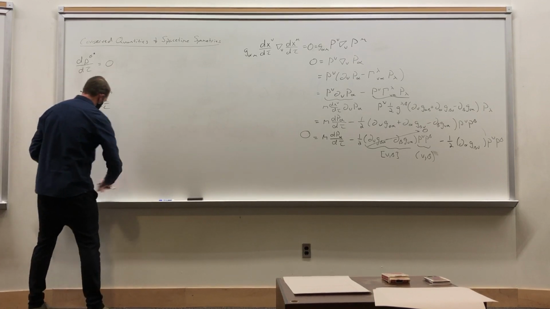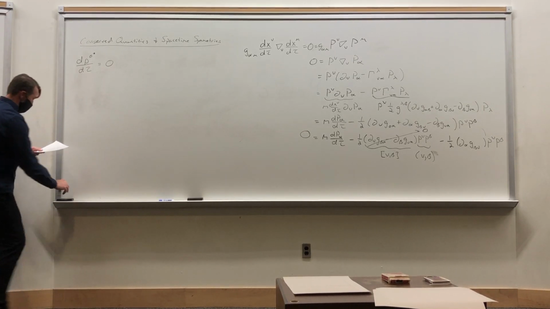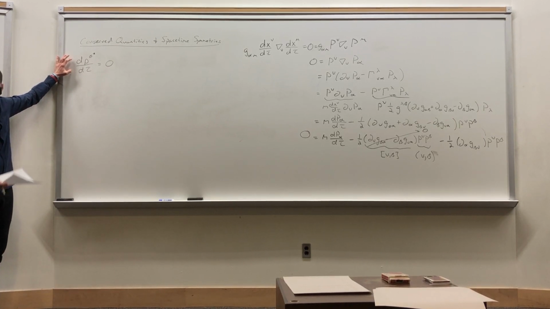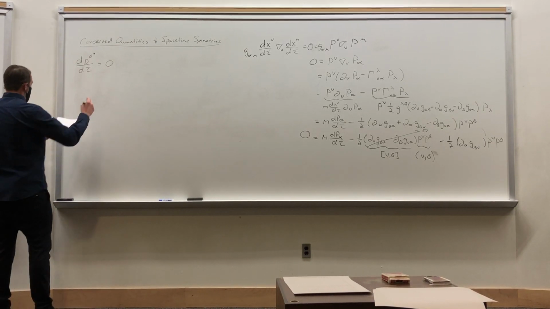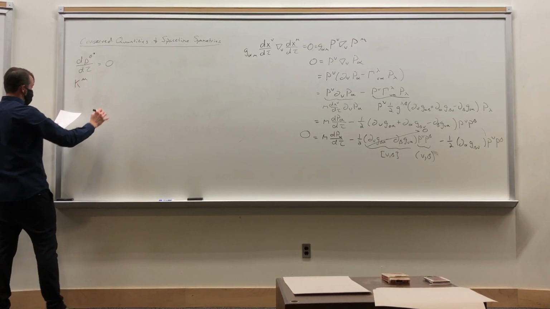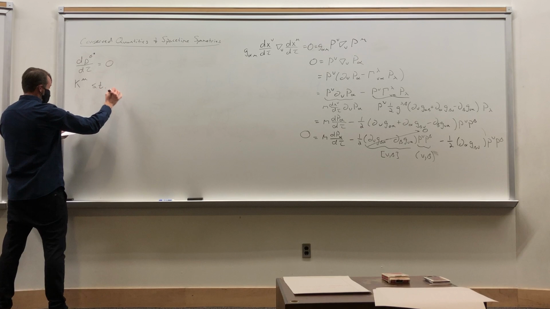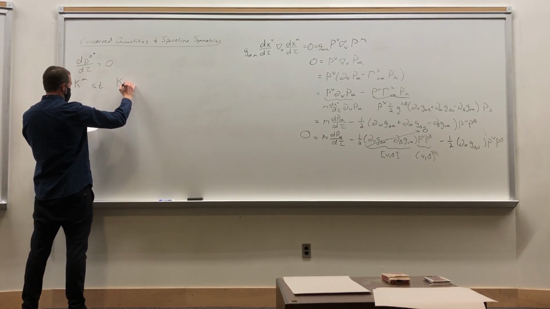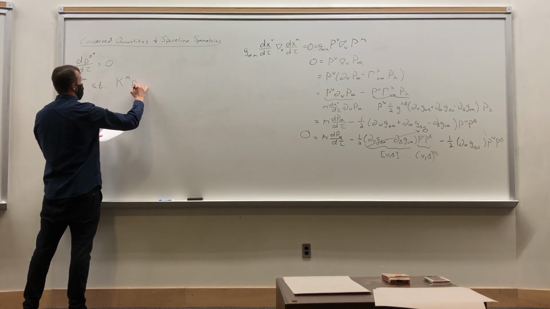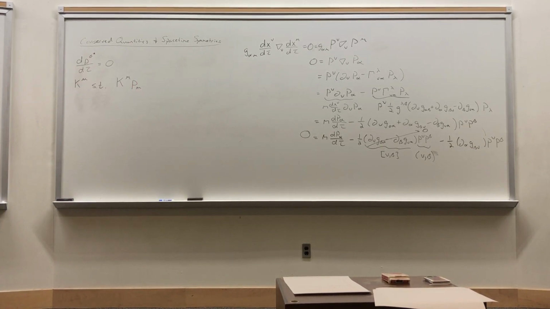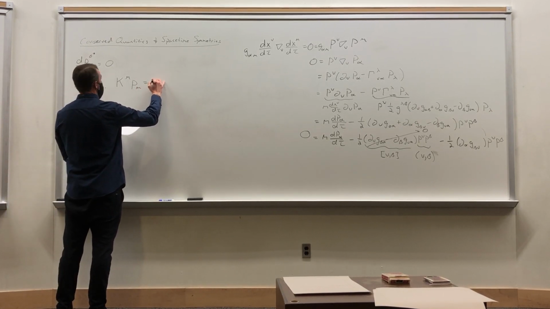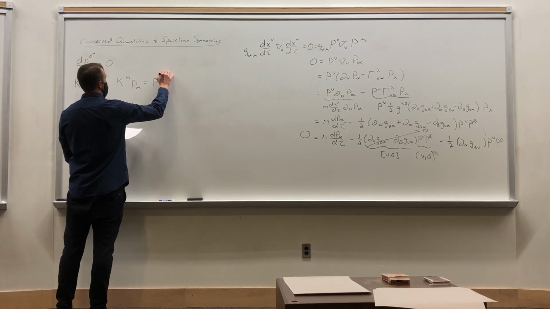So, let's just suppose that we had a conserved momentum component. Now, what we're going to do is introduce a vector k mu such that k mu combined with a dual momentum vector gives us the component p sigma star.